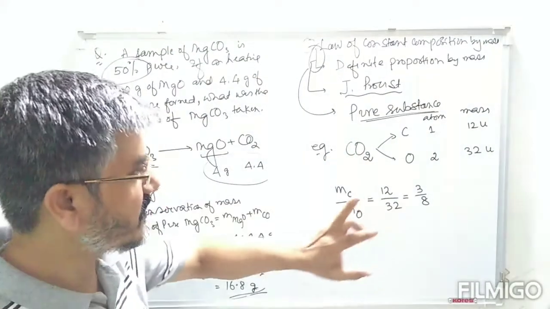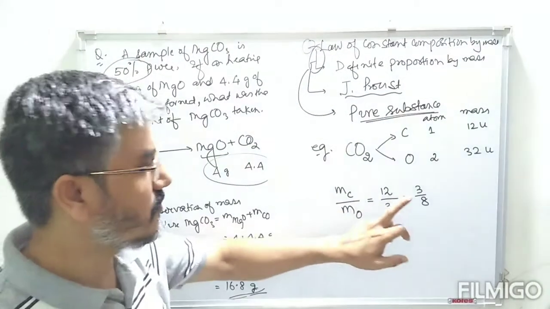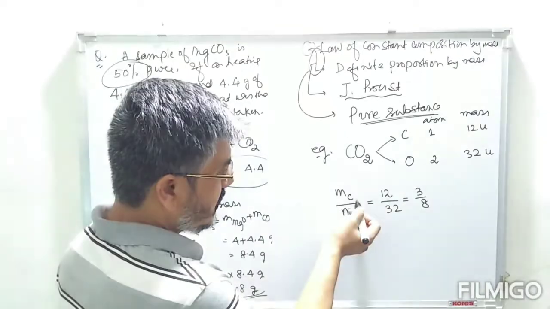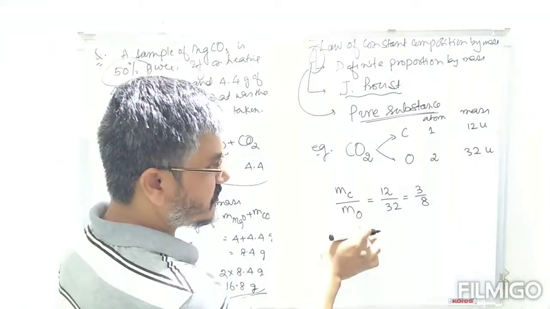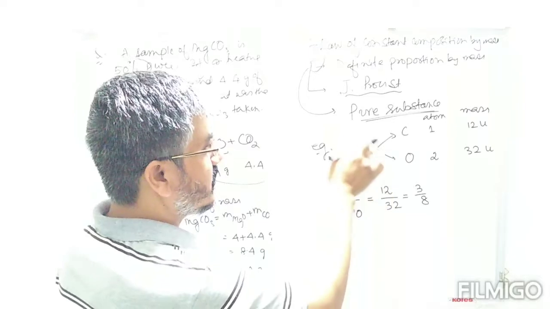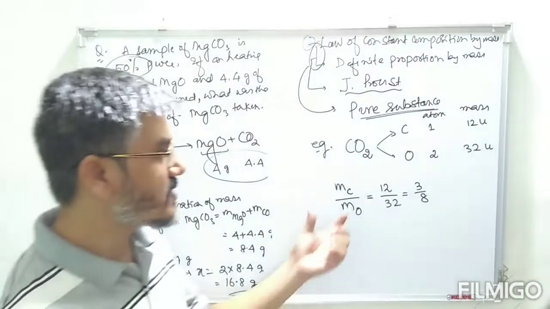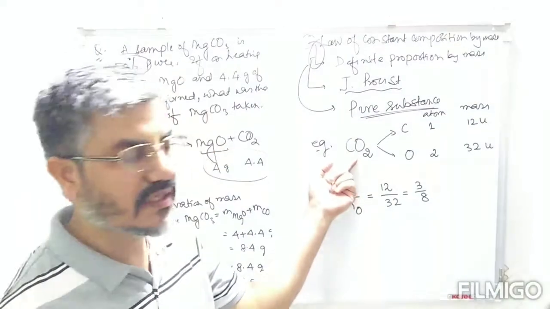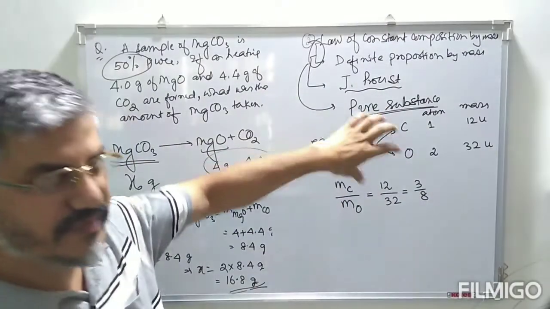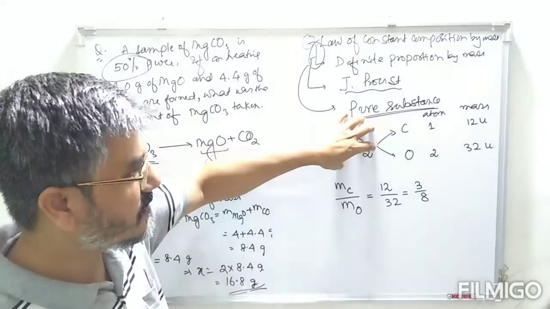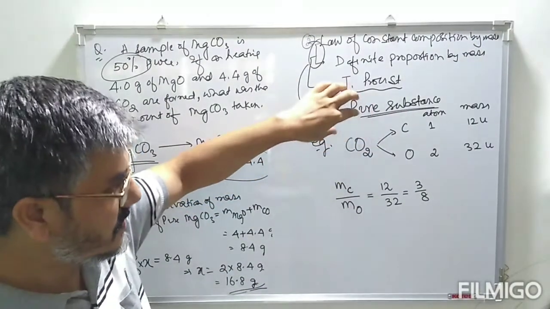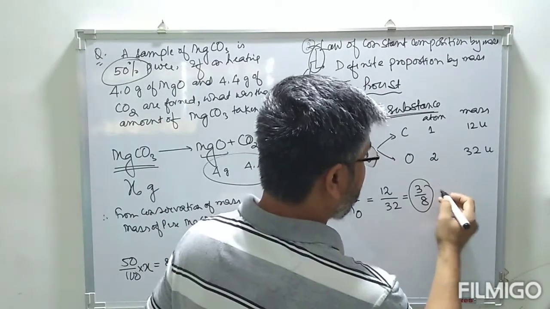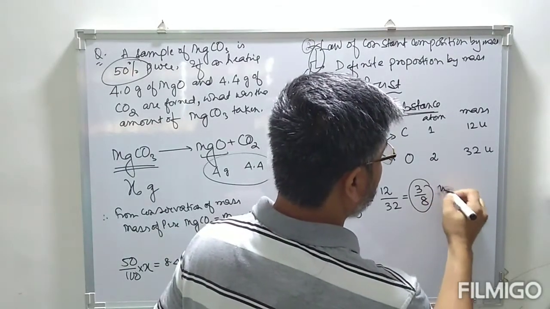The common factor is 4, so cancel it by 4. 12 divided by 4 is 3, 32 divided by 4 is 8. So whenever the combining mass ratio of carbon and oxygen is 3:8, that is carbon dioxide. If the mass ratio of carbon and oxygen is something other than 3:8, that cannot be carbon dioxide. So whenever we talk about the pure substance carbon dioxide, the combining mass ratio of carbon and oxygen in this pure sample is always 3:8. This is a simple whole number ratio.